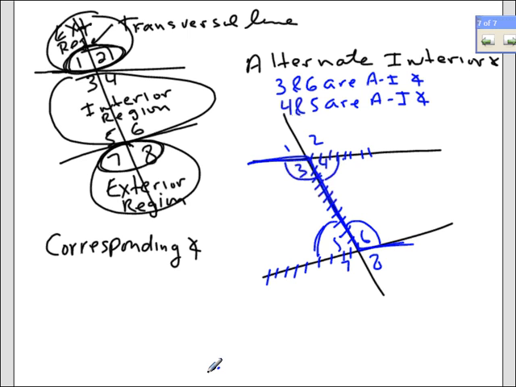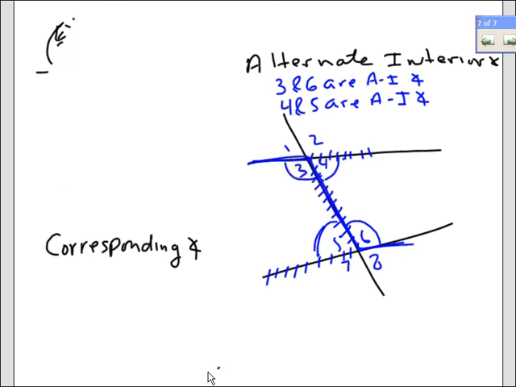Let me draw this again without all the writing on it. Here's one line. I'll draw the other line in a moment. There's a transversal. 1, 2, 3, and 4.